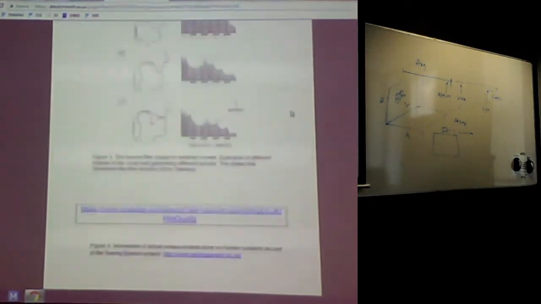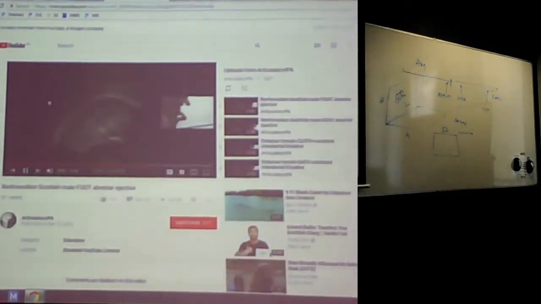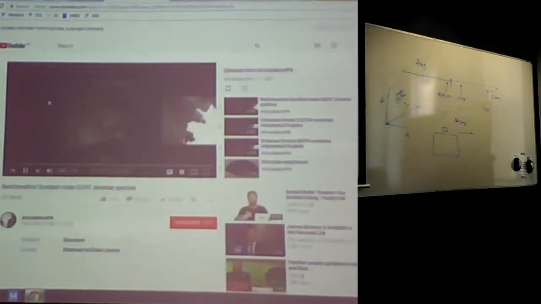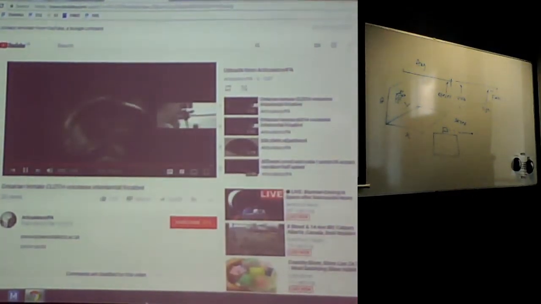And I don't know if you can see that, but there's some horrible videos here. But this is people doing sounds widely X-rayed.